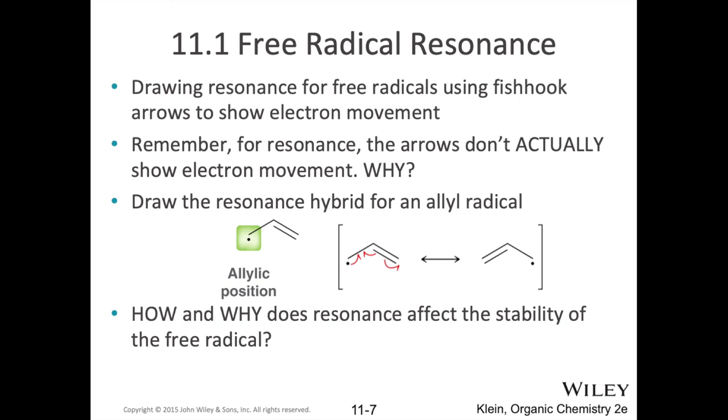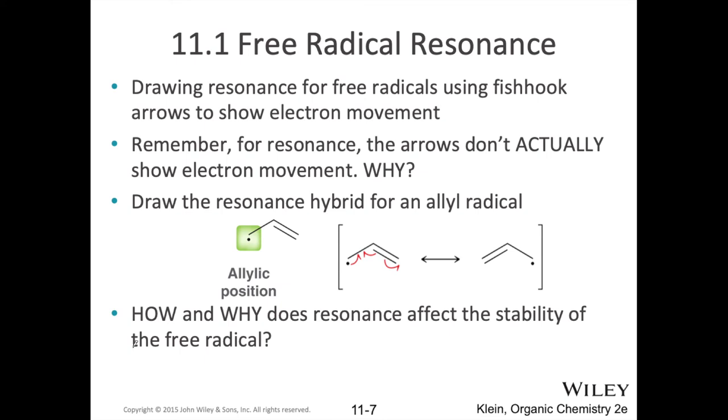Okay, so we see the same thing with a radical at the allylic position. We can have some resonance stabilization there. Of course, now how we show that resonance is going to be a little bit different. We're going to use our fishhook arrows here as opposed to our regular arrows.